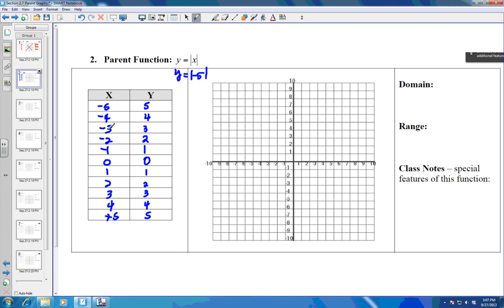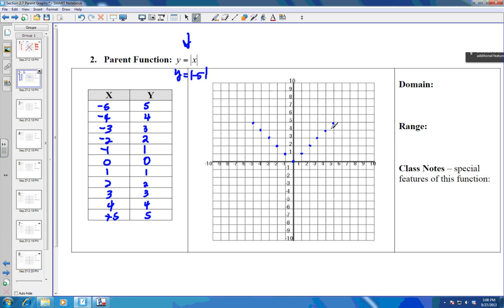And remember, I'm getting all these numbers by plugging it into this equation. So when I graph these ordered pairs, I get these points. So -5, 5: to the left 5, up 5. The point -4, 4: to the left 4, up 4.